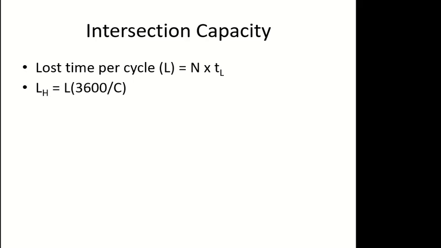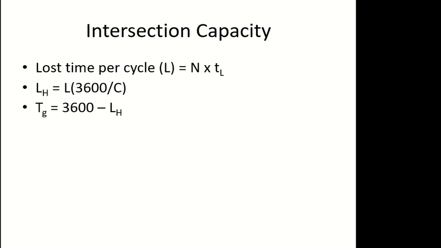And every cycle I know has a lost time of L. So I multiply number of cycles of 1 hour with lost time of one cycle. I get lost time of the whole hour. If from the cycle length you subtract the lost time, you get effective green of the whole hour.